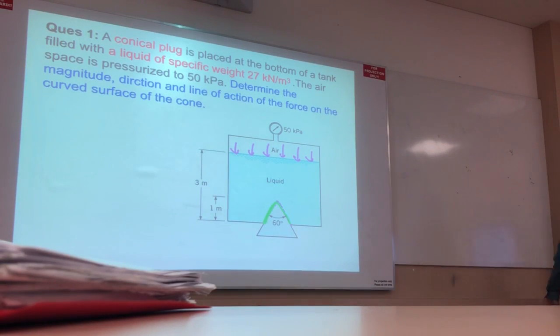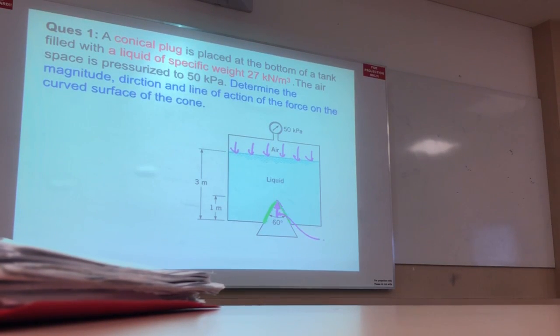Then what can I do? I have to calculate this force, which is equivalent to Fc. Can I do this? Can I draw a dotted line with respect to this?